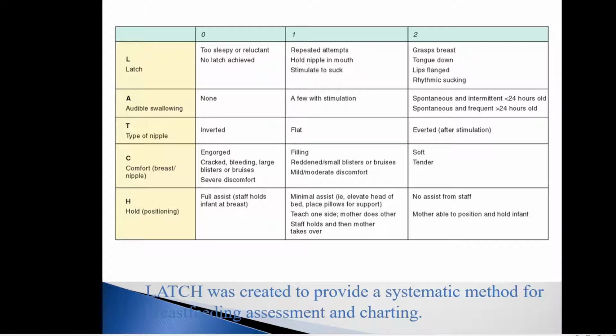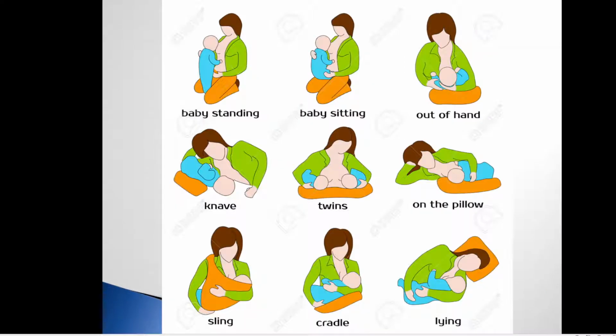Look, this is the LATCH score, which was created to provide a systematic method for breastfeeding assessment and charting. There is a special score, and different positions of the babies during breastfeeding, which we can propose and show to our patients.